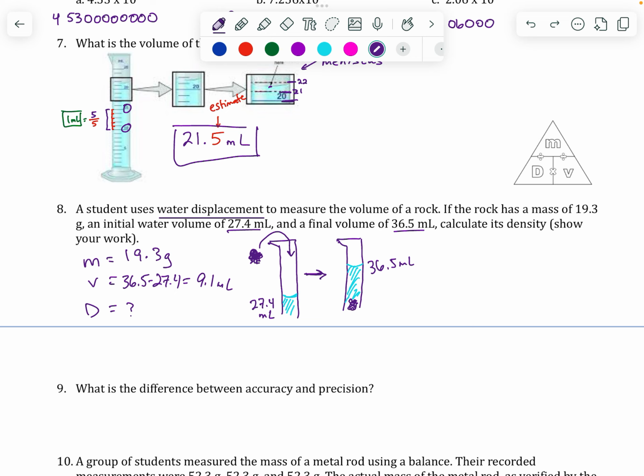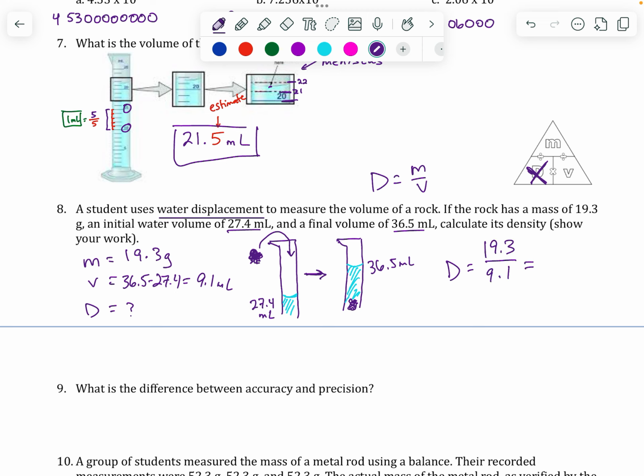And so now how do we use this triangle? Well, we already know that the density equation is mass divided by volume, but if you just wanted to use the triangle, all you would have to do is cover up what you're trying to find, and it tells you exactly what you need to do with the other two remaining variables that you have. So in this case, density, again, is going to be mass divided by volume, which is 19.3 divided by my 9.1.